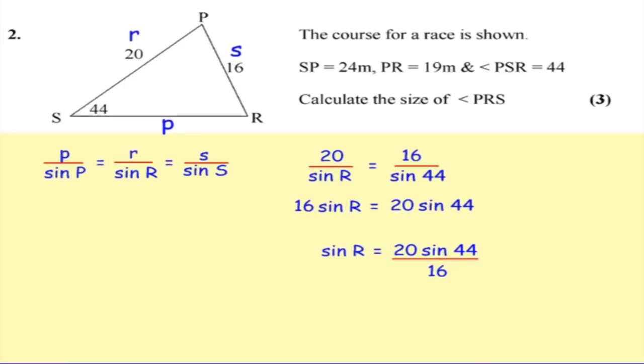Doing this calculation on our calculators gives that sine R is equal to 0.8683. And then to find the angle R, which is angle PRS, we do the inverse sine of 0.8683. And this gives us angle R, or angle PRS, is 60.3 degrees.